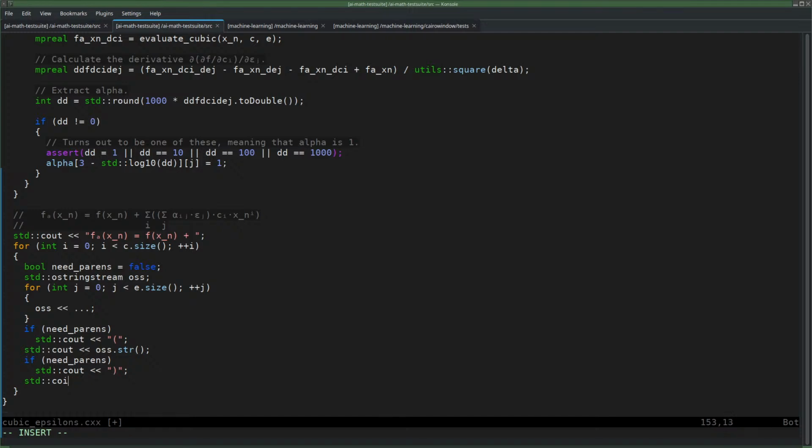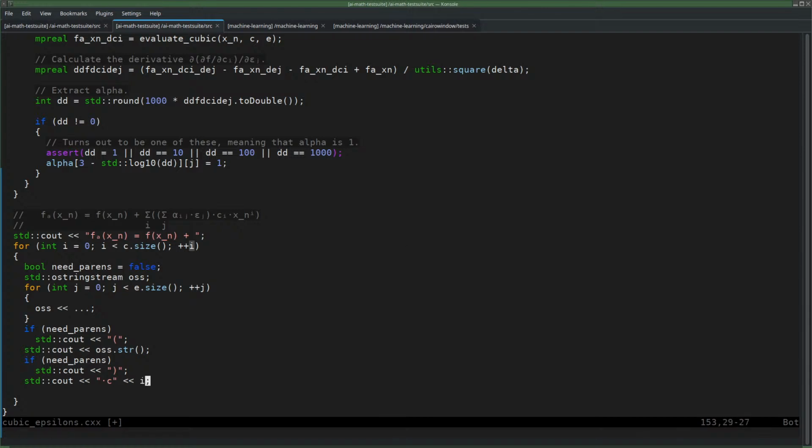I just print that dot that we have here, and the C. And now we need the subscript i. Okay, let's not print the subscripts. You can also exaggerate. Let's just print i.